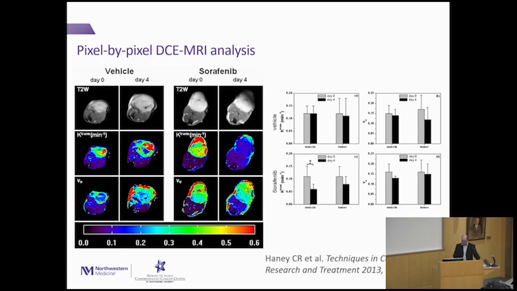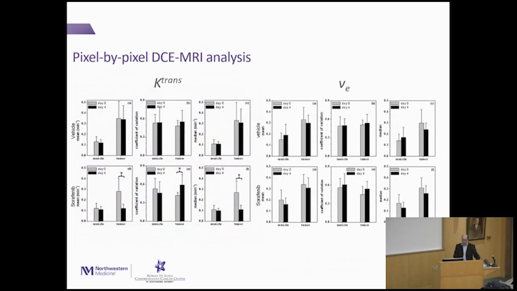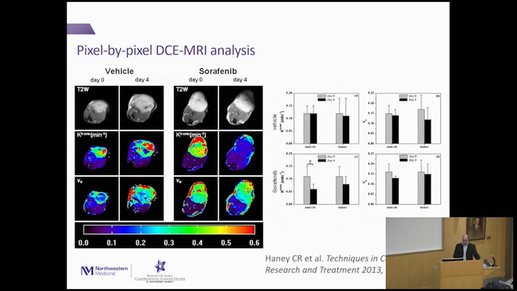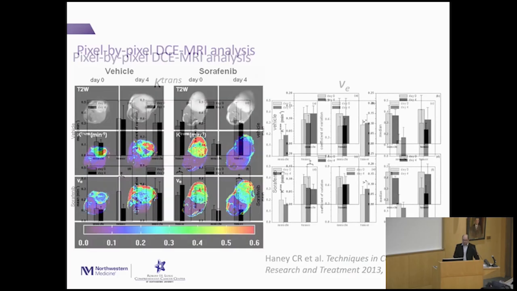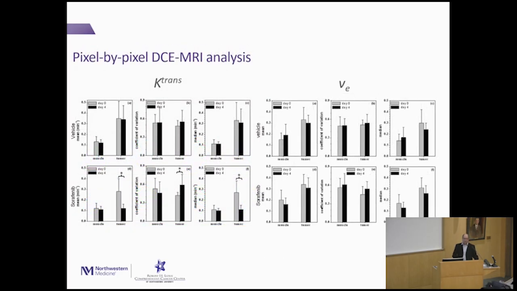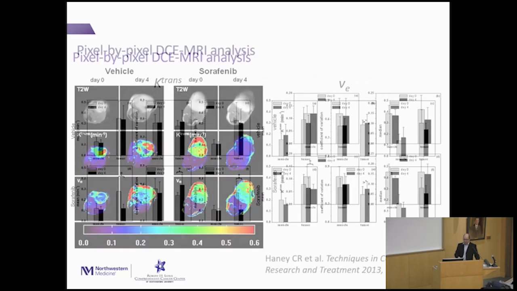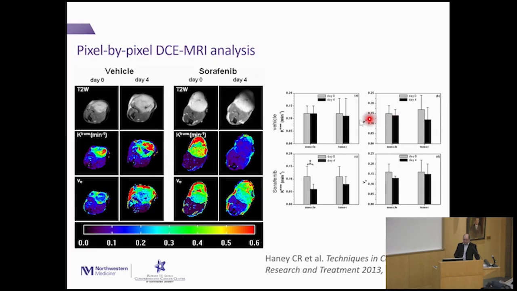But statistically, we couldn't get anything, and we changed it to pixel by pixel. So what the previous person was doing, he was looking at tumor versus muscle, so just the whole region of interest. And what we ended up doing is fitting each pixel to the model one by one, and from there we were able to tease out the difference that you can see with your eye.